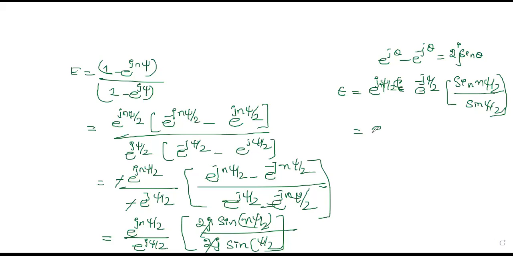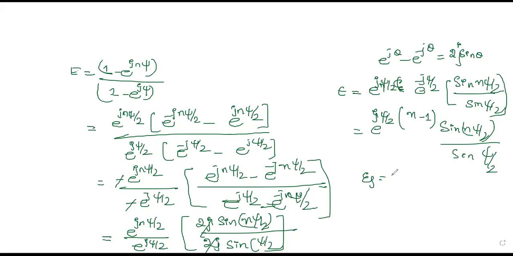Again, if you write this, take out psi by 2 as common. You will have n minus 1 sine n psi by 2 divided by sine psi by 2. And here I'll consider this as an angle, that is phase n minus 1 into psi by 2 as eta.